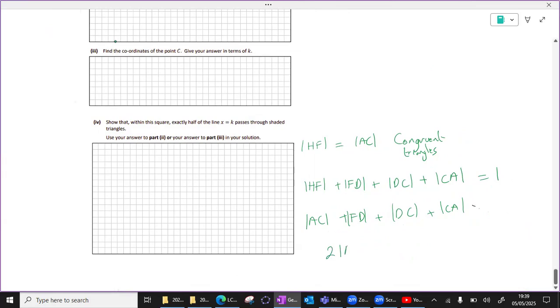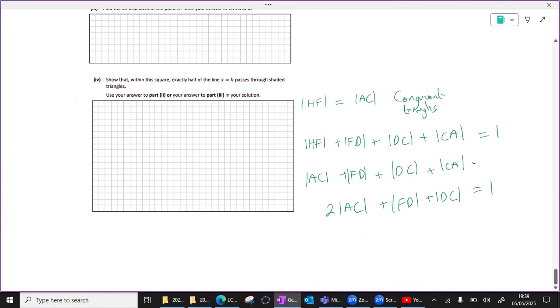So if we've 2 ACs and then 2 others equals 1, then we essentially can say that the length from F to D plus D to C should be equal to 1 minus the 2 ACs.